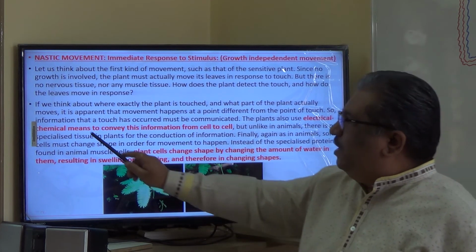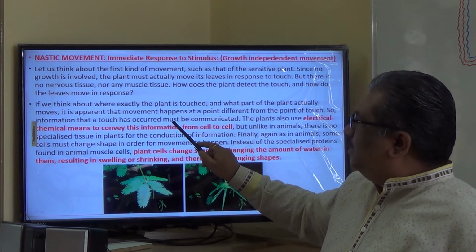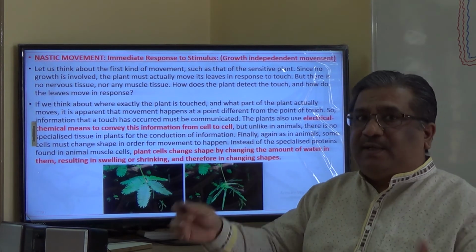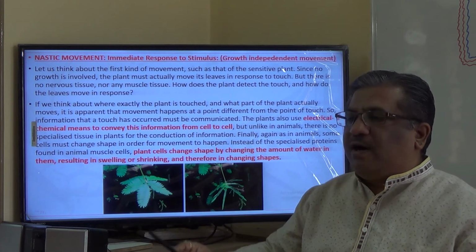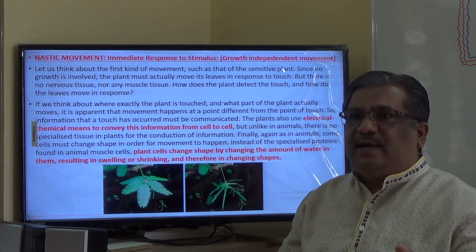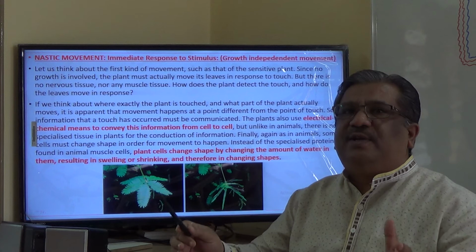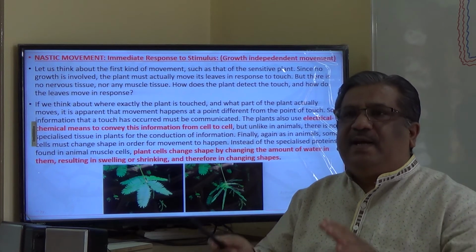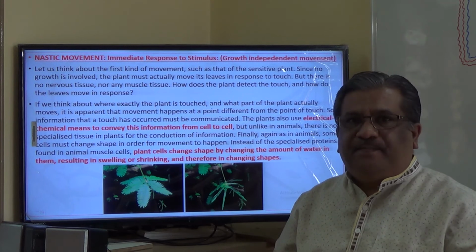So the information that a touch has occurred must be communicated to other leaves. If I touch at one point, all other leaves also must come to know that a touch has taken place at a particular point. How this communication is established between different parts of the plant, that is our objective to study. Clear?